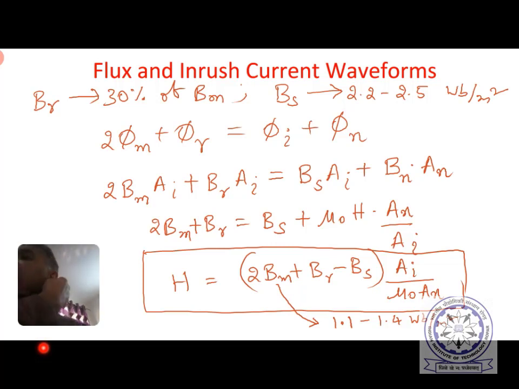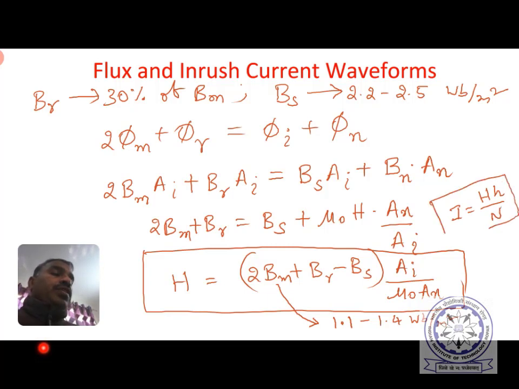Okay. So after finding the value of H, using the relation just now told, I can be estimated as H into l by N, number of turns.